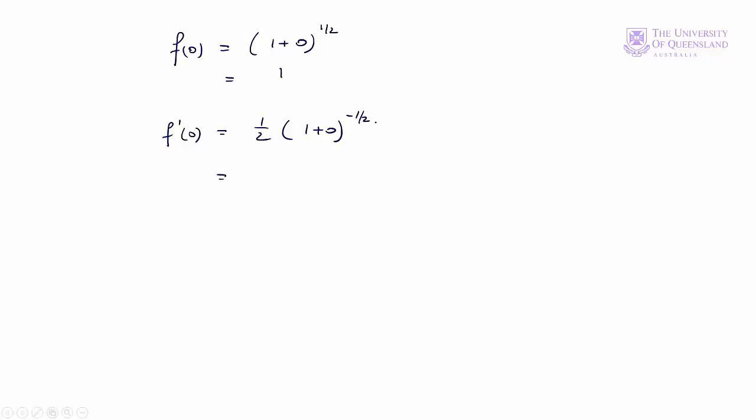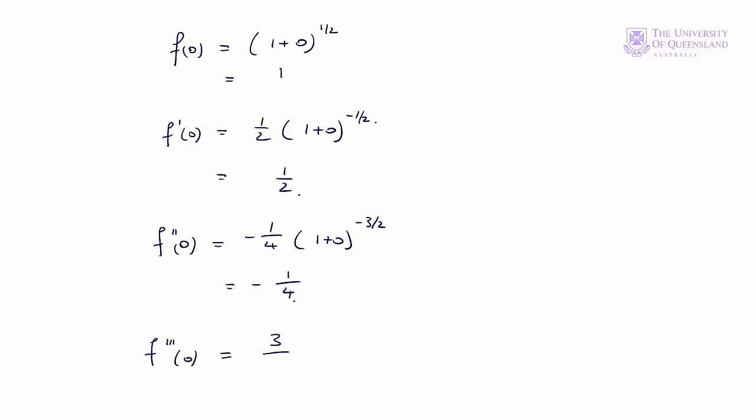So that's equal to 1/2. f''(0) is equal to minus 1/4 (1 plus 0) to the minus 3/2. It's equal to minus 1/4. And the third derivative evaluated at 0 is equal to 3/8 times (1 plus 0) to the minus 5/2. And that's equal to 3/8.